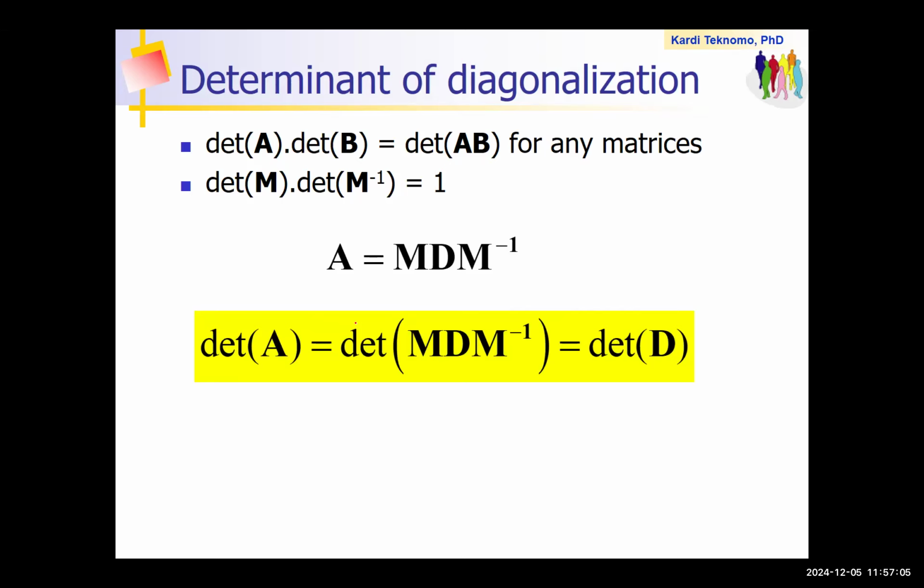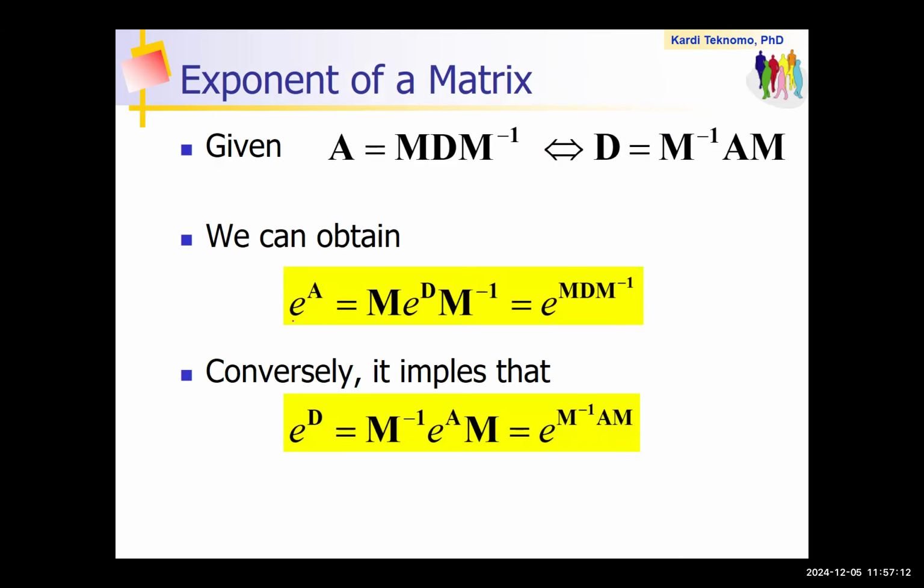Once you have that, you can get the exponent, same thing. If you want to get the exponent of A, then all you need to do is get the exponent of the diagonal. I just reverse this one, this one going here, this one going to the other side.